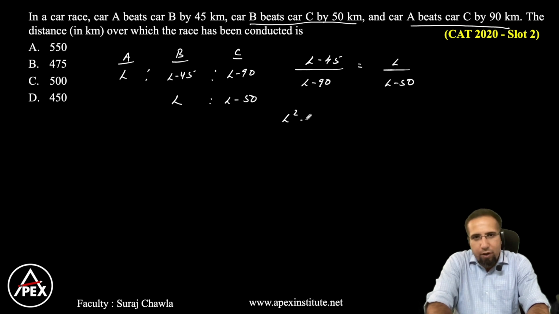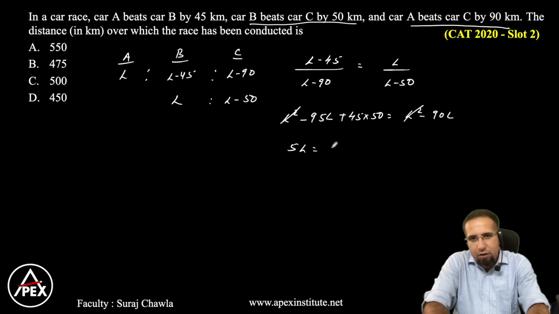So we get L square minus 95L plus 45 into 50 is equal to L square minus 90L. L square gets cancelled. So we have 5L is equal to 45 into 50, which means the length of the race is going to be 450 meters.